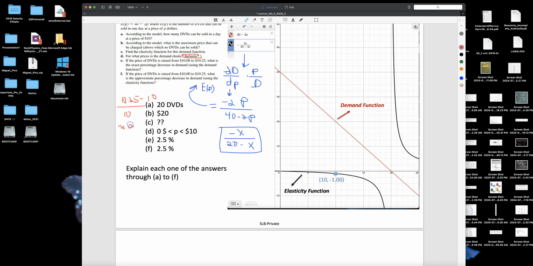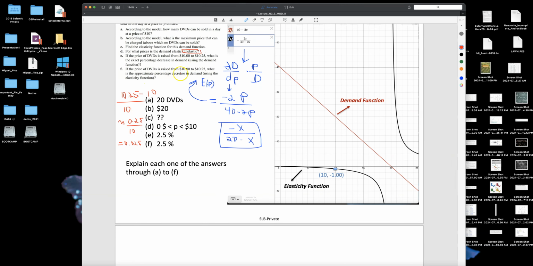That is 0.25 divided by 10, which equals 0.025. So the change with respect to the original price of $10 is 0.025, and in percentage that is 2.5%.